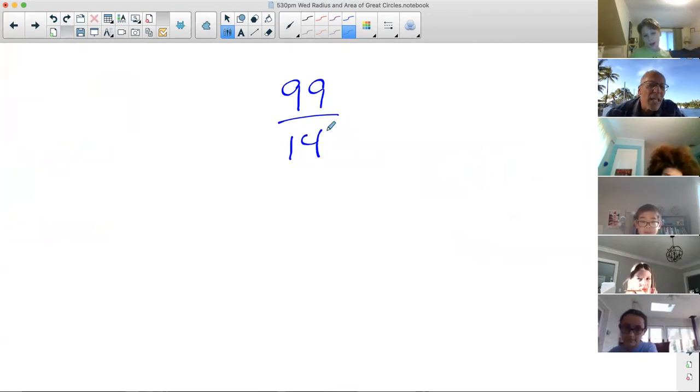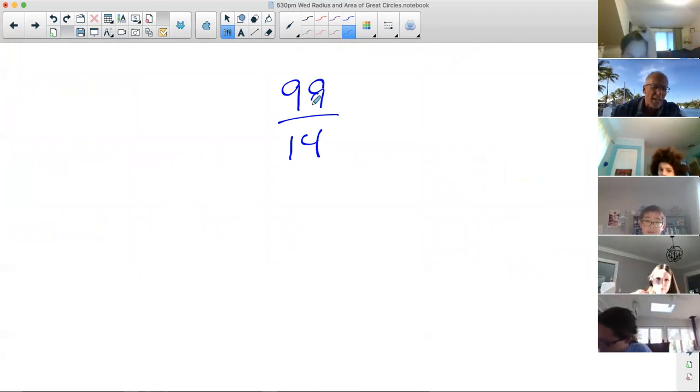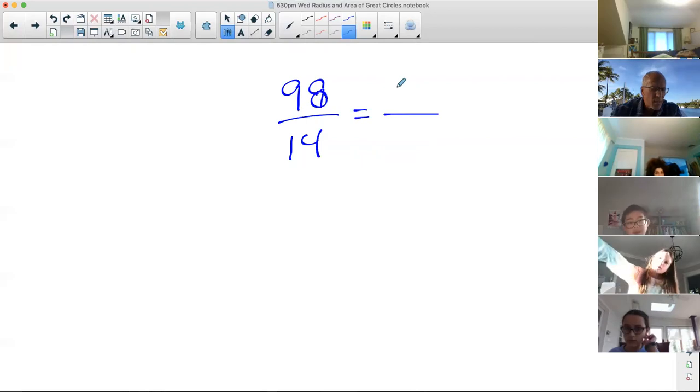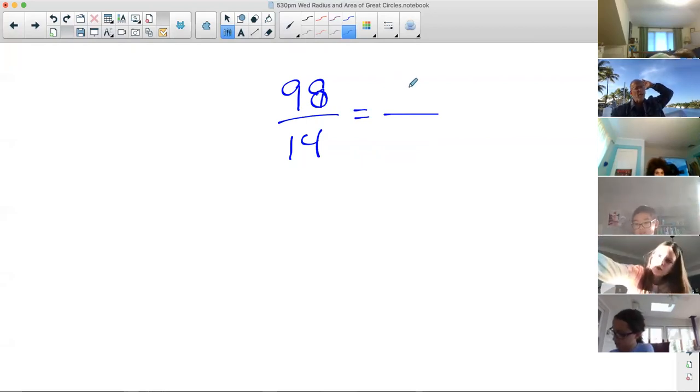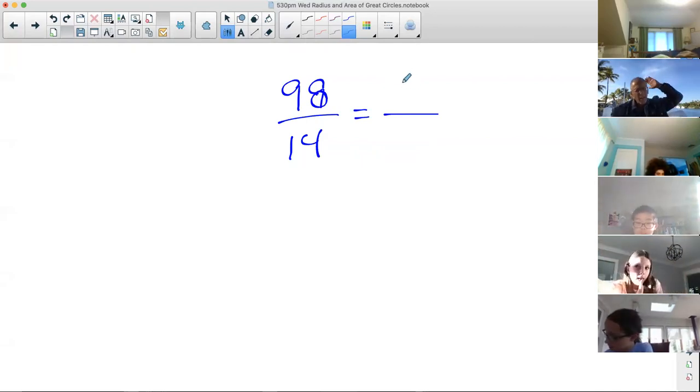Now, if we want to get really close, 99 divided by 14, can we simplify that fraction? Let me ask you this. What if it were 98 over 14? What could we do then? Is that simplified? Come on, cut them in half.